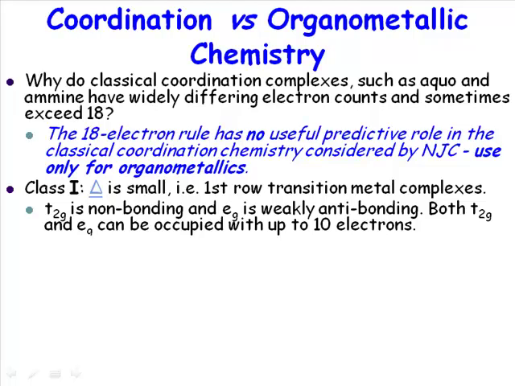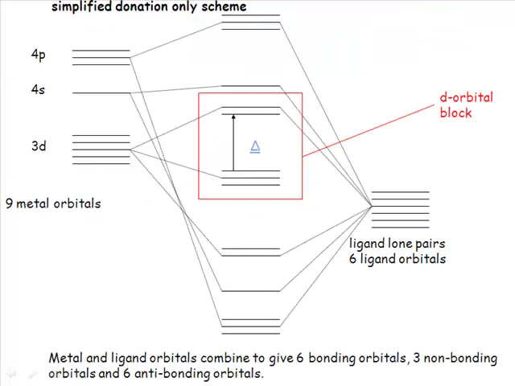And if your value of delta is small, let's see if we can follow this link. So the value of delta that we have here is small. And that means that if we start at the bottom here, we're going to fill our molecular orbital scheme with electrons, 6 electrons to here, 8 electrons, 12 electrons. Filling it up to here would be 18 electrons.